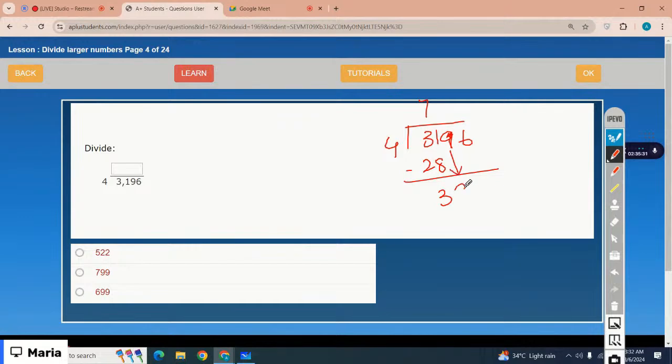You need to bring the next digit down. So you need to count 4 until 39.